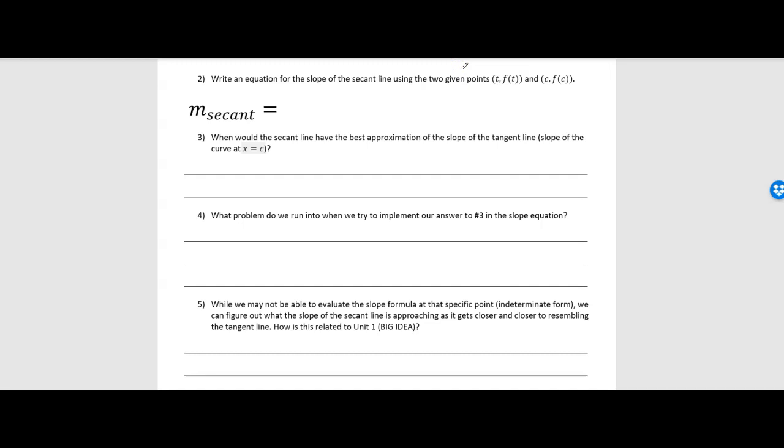So again, we weren't able to use the specific slope formula, but we could evaluate the limit as t approaches c of f of t minus f of c all over the quantity t minus c.